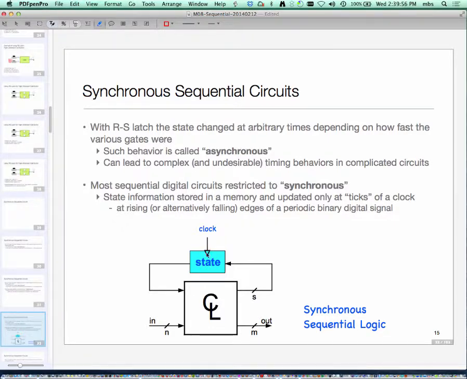If I want this thing to be updated on a falling edge, then you will have this triangle and you will also have a little bubble. This one is sensitive to the rising edge, but if I had this kind of structure, then this would mean sensitive to the negative edge. So circuits could be either way. Sometimes they are designed with positive clock edge, sometimes with negative clock edge.